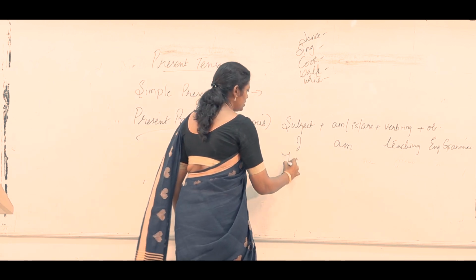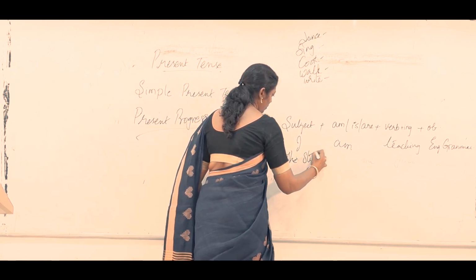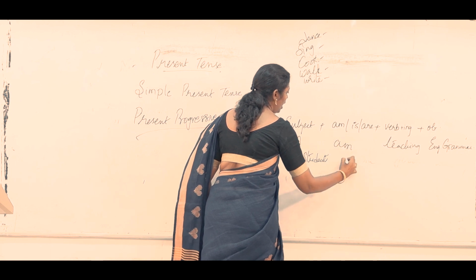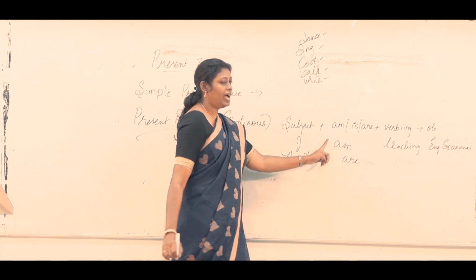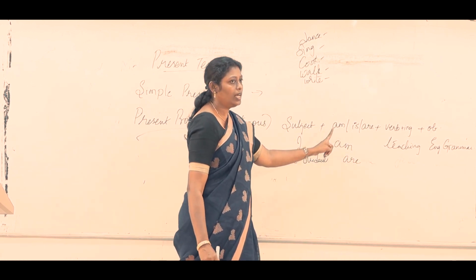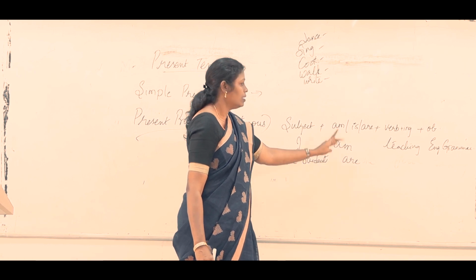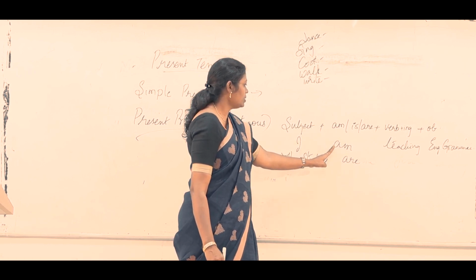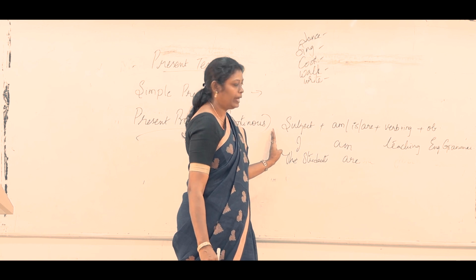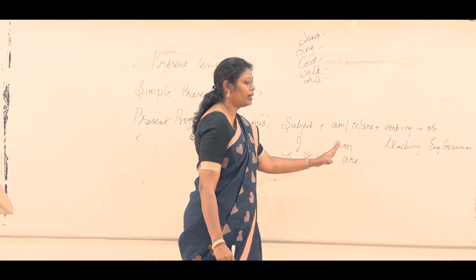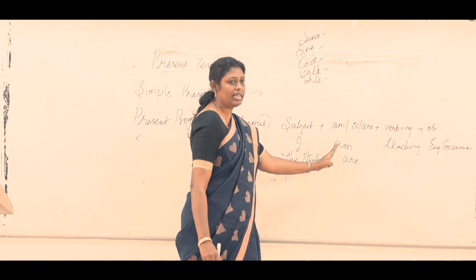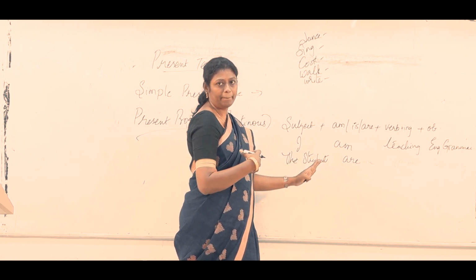So what are the students doing? The students are. We have to notice this, guys. Singular and plural. Whenever I'm using a singular subject, it takes is or am. I always takes am. I am.